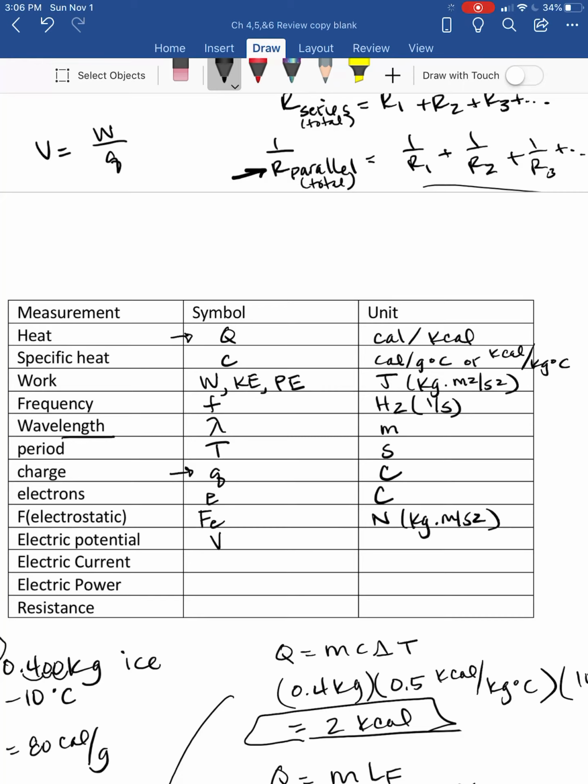Electric potential is a V, and it's measured in volts. So its symbol and unit are both the same thing. And a volt is a joule per coulomb. Electric current is an I, and it's measured in amps. And an amp is a coulomb per second.